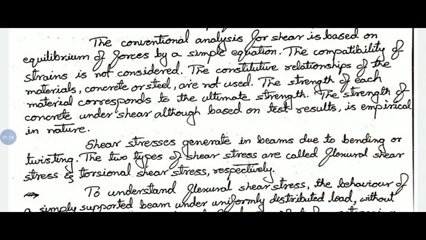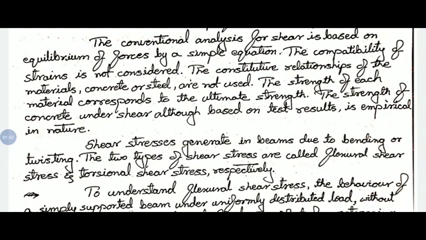Here in that case, the shear strain compatibility will not be considered, and the constitutive relationships of materials like stress strain relationships will not be considered. Also, the strength under shear for the concrete is only based on test results. It is a calculated thing, so it will be conventional analysis.